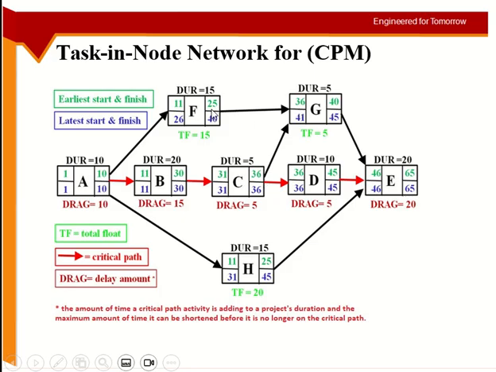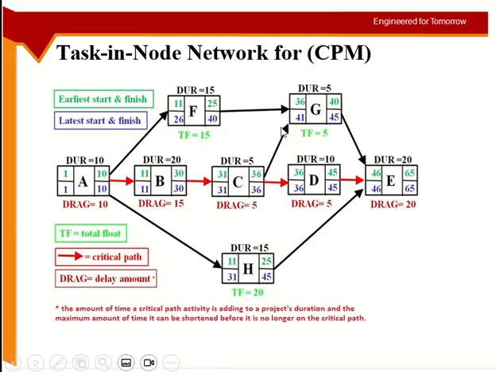And from here, it can start from 26 onwards. So on 25, F will finish, and then the next one can start from 26. So from here, I'm getting 36, and from here I'm getting 26.